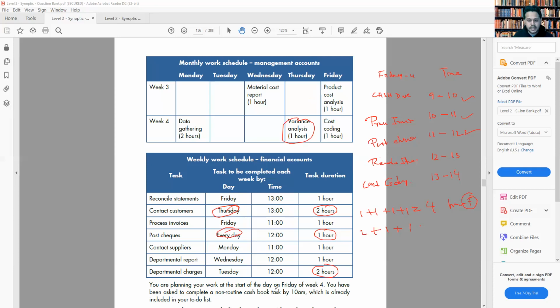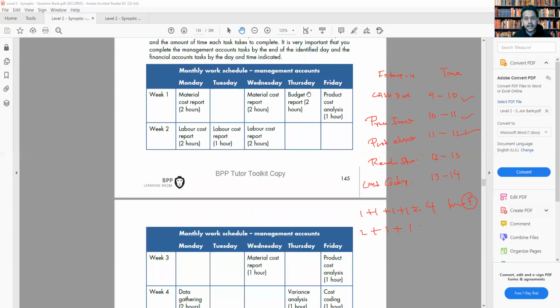But I need to see, is there any other week? Because they said which week as well. Is there any week I work more than 1 hour? And I can see Thursday, week number 1, I work 2 hours. So that gives me 5 hours. So on Thursday, week number 1, I work 5 hours.